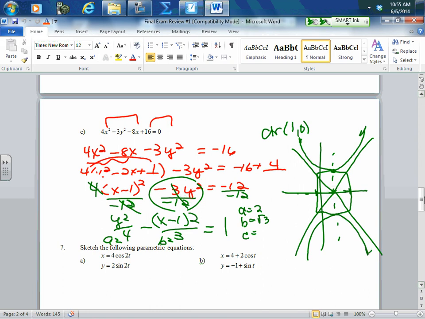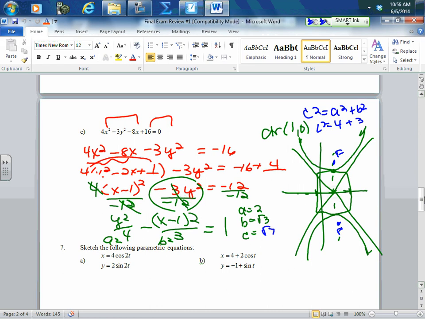Now, your foci always sit inside your parabolas, so therefore your foci are out here. So that's why when it comes to your c squared, we add a squared plus b squared. Your a squared is 4, your b squared is 3, so your c squared is 7, so therefore radical 7.